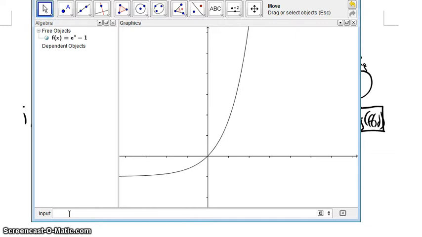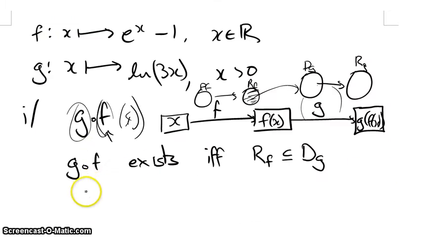We see that there's no vertical asymptote, but there's a horizontal asymptote here at y equals negative 1. So what does that mean? That means that the range of f is equal to numbers bigger than negative 1. And it can go as high as I like.